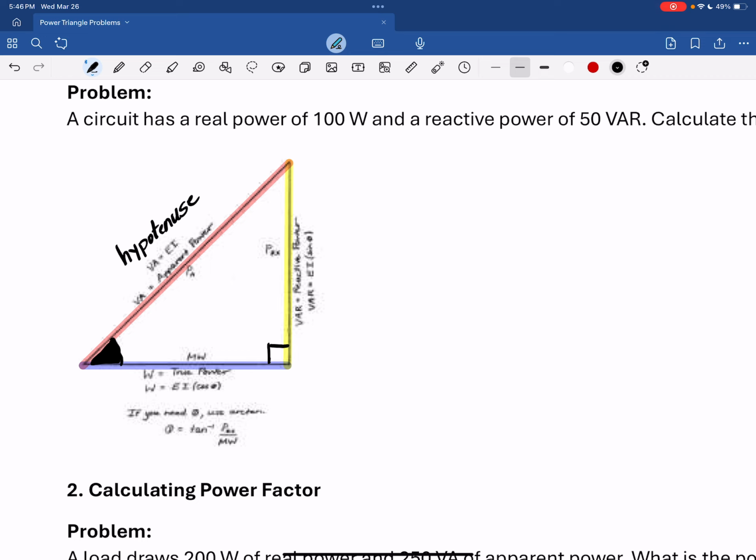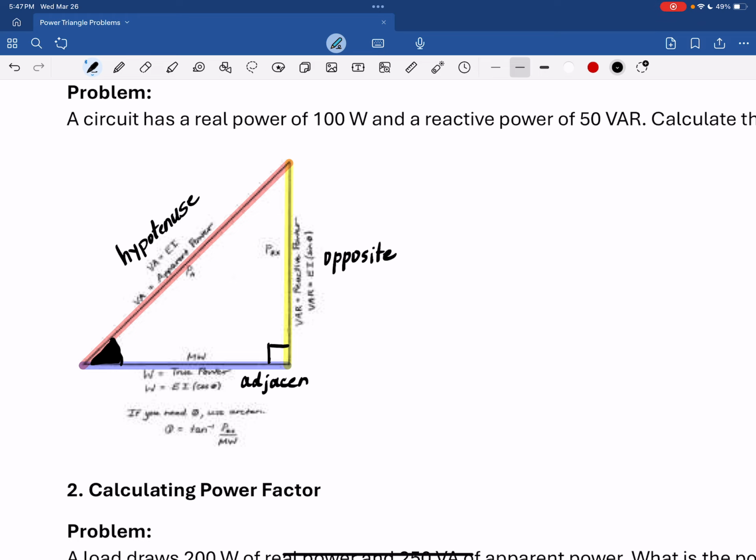It could be in the other angle, but for most of these power triangles, it's indicated here. So there's theta. Opposite theta is this side, VAR. So that is your opposite. And then touching theta, adjoining theta, is your adjacent side.